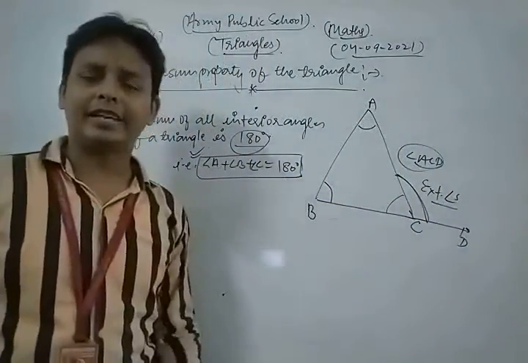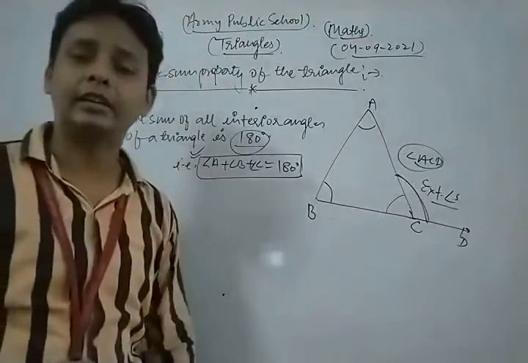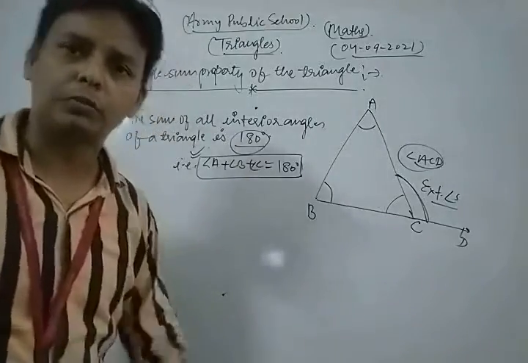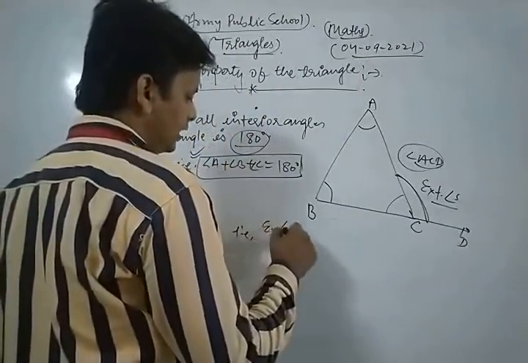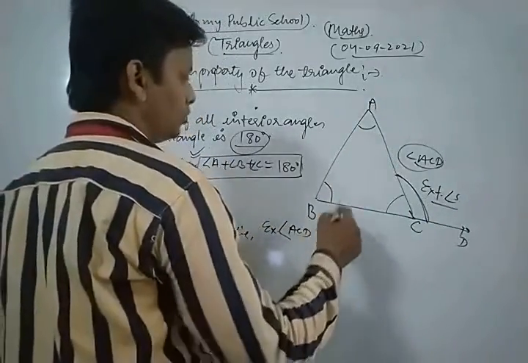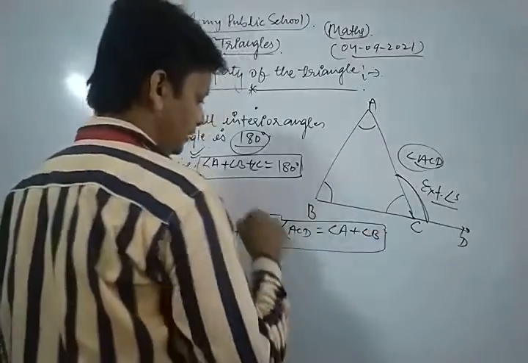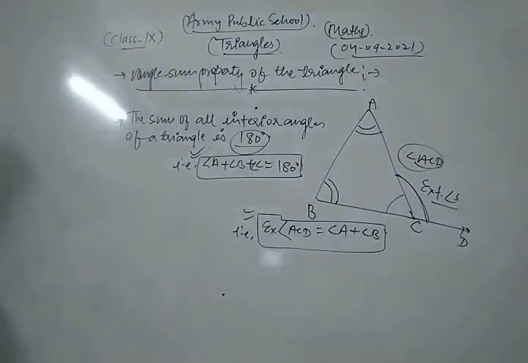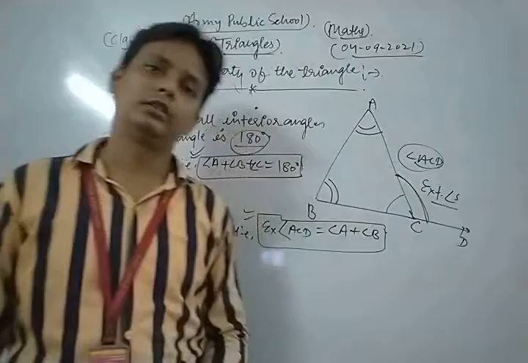And according to the exterior angle property of the triangle, dear friend, the exterior angle is always equal to the sum of its two opposite interior angles. That means exterior angle ACD is equal to angle A plus angle B. This is angle A and this is angle B. This is the exterior angle property of a triangle.